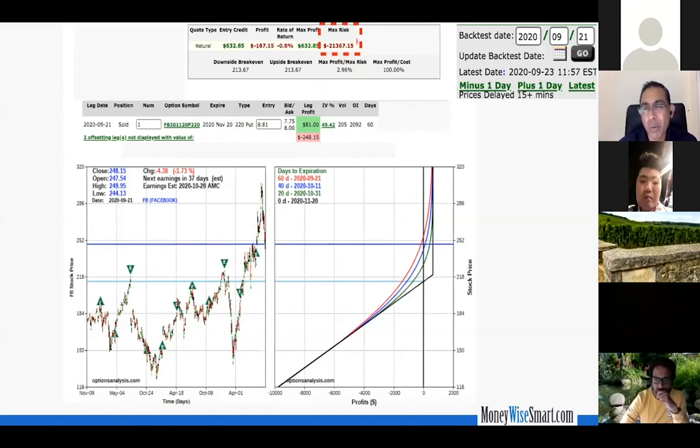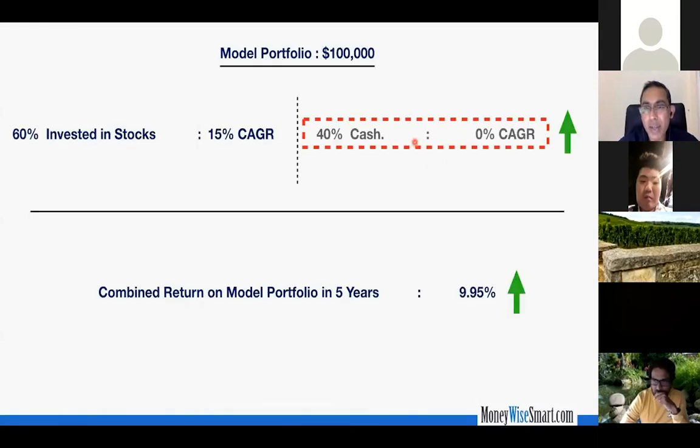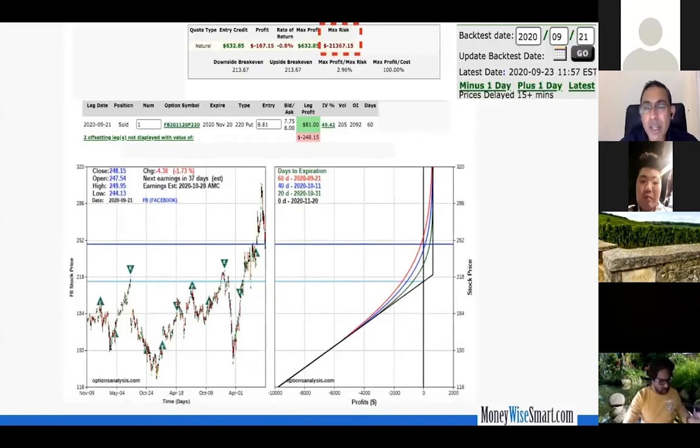I want to own this business for, who knows, 5, 10, 15, 20 years. So for me, this $881 is actually a return which I'm generating on my $22,000 investment for a 60-day period, right? So even though Facebook does not come to 220, even if I don't get assigned the stock, at least my cash is not sitting idle.